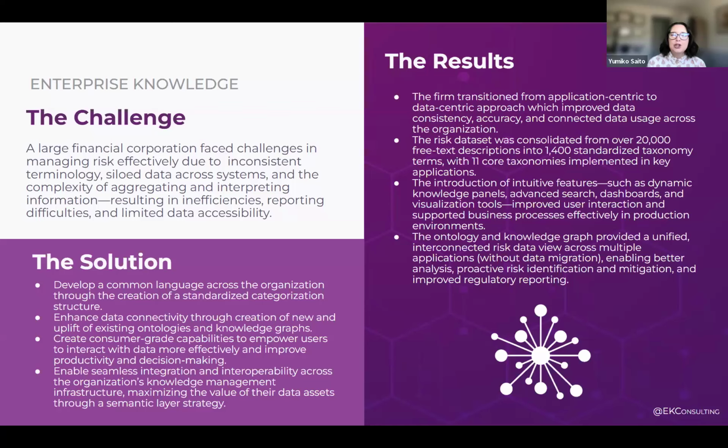For example, you might call something cyber crimes where another source might call it a data breach. It's a very typical scenario where groups were using different terminology. And if you don't have a consistent way of naming things, then it is difficult to connect that information across different platforms or applications.